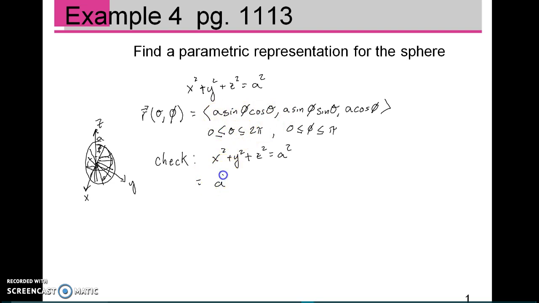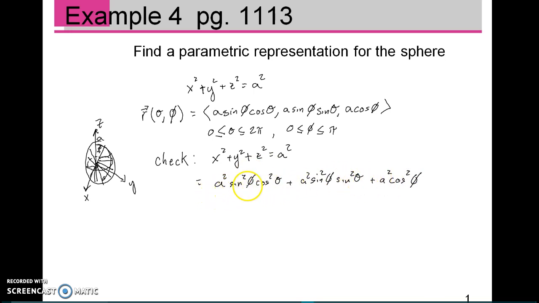It's a squared sine squared phi cosine squared theta plus a squared sine squared phi sine squared theta plus a squared cosine squared phi. Now all this should equal a squared.